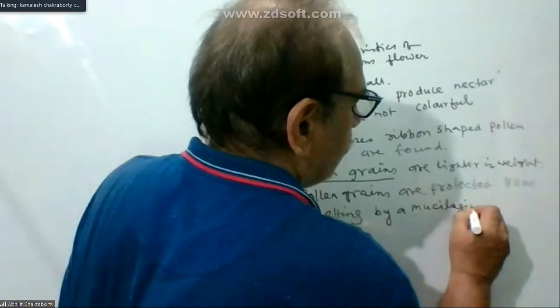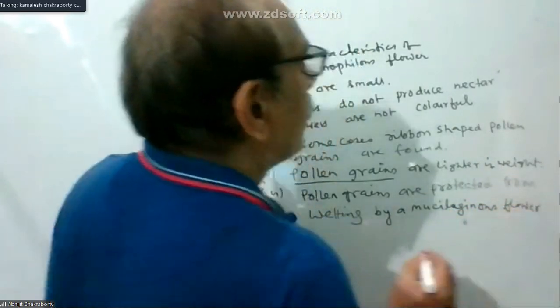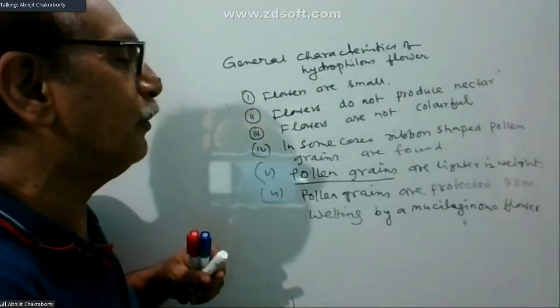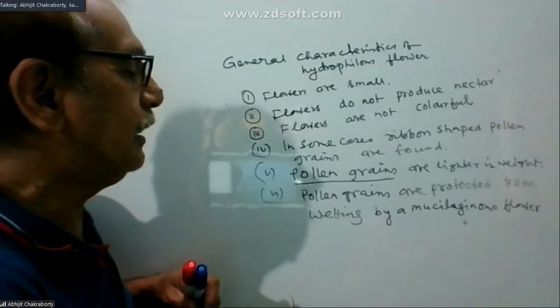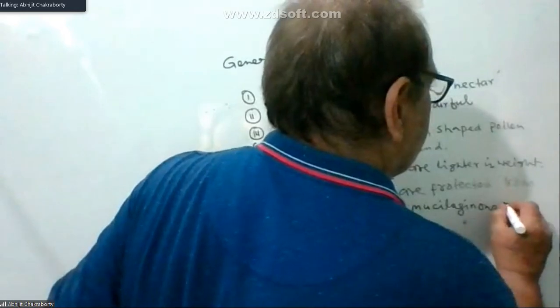Pollen grains are protected from wetting by a mucilaginous covering. Last point: pollen grains are protected from wetting by a mucilaginous covering.